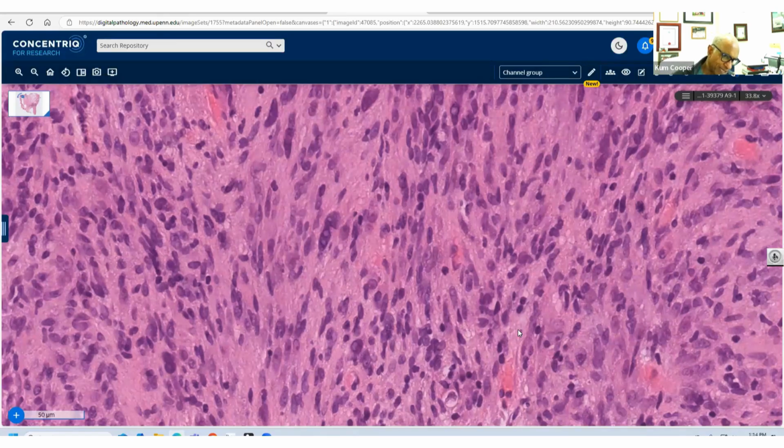I typically would use a desmin or an actin to screen it. And if that's positive, then maybe go on to the skeletal muscle markers, because that myoid differentiation in Triton tumors is skeletal muscle. And MyoD1 and myogenin are the two markers that we have to rule that out.